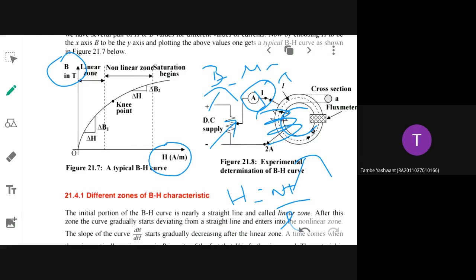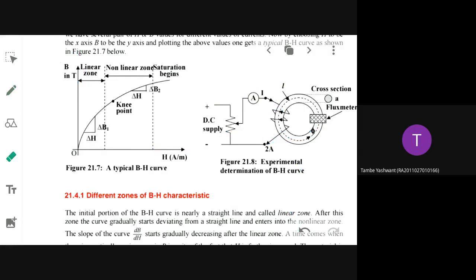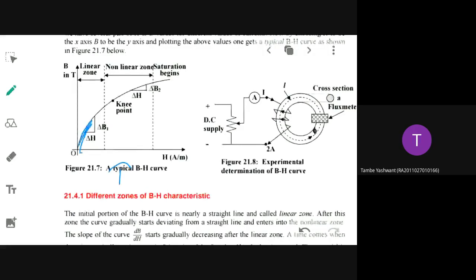With this experimental setup, if you are plotting a curve, that curve will look like this. Initially, it will be linear only, a straight line. Then after some point, it will lose its linearity and curve. That zone will be called what zone? Non-linear zone.